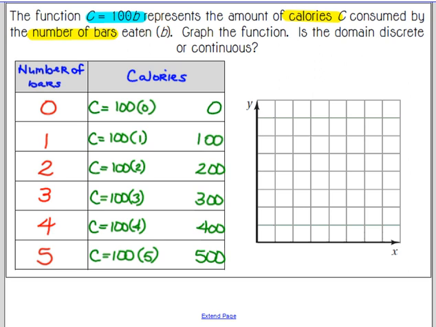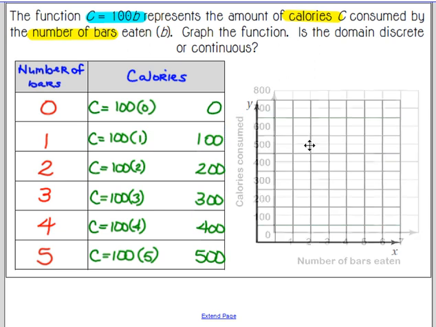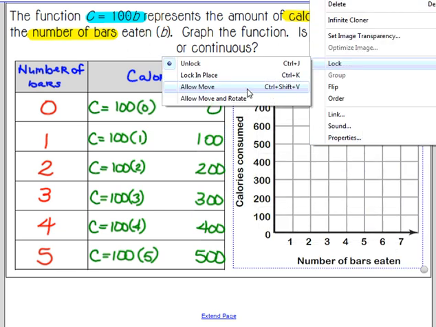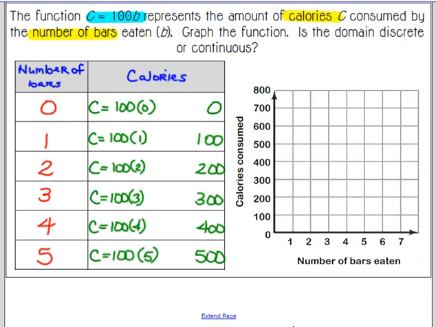And so also going back to remembering that if we have our independent variable, which is the number of bars, that is going to go along the x-axis, and the number of calories is our dependent variable, which will go along the y-axis. So go ahead and set up your graph. And then we will plot our points.